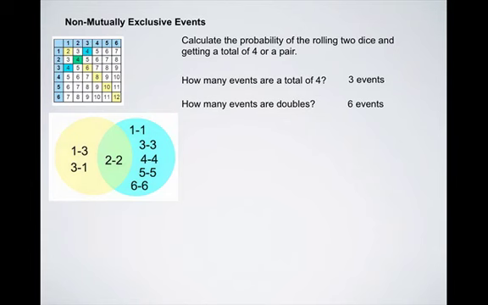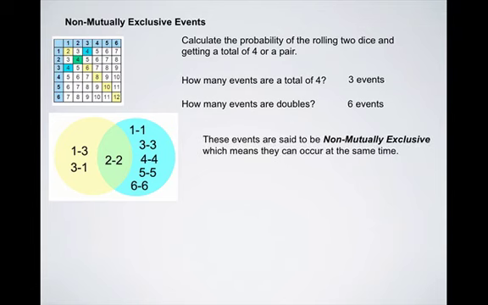If we take a look at this Venn diagram, in yellow are the ways that you can roll a 4, and in the blue, it's the ways that you can roll doubles. And you'll notice that the 2 and the 2 is common. These events are said to be non-mutually exclusive, which means that they can occur at the same time. You can roll a 4 and doubles, which is the 2 and the 2.